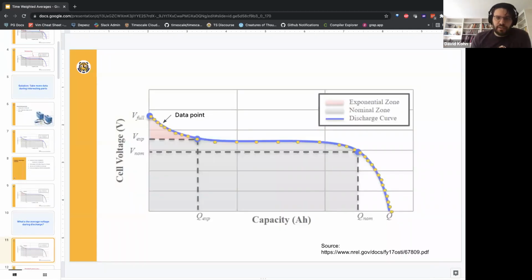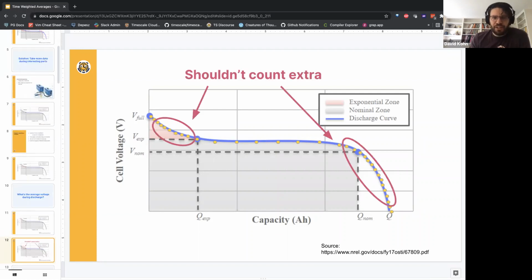So we have these data points, and we have more at the beginning and the end, but just because it's more interesting there, it doesn't mean the data should count more, right? We don't want our sampling rate to affect the outcome of that voltage measurement. And the voltage measurement, by the way, was important because it was one of the higher level things that we could measure about this whole discharge that would then tell us, as we cycled it more times, 10 or 20 or 100 times, we can look at, say, the slope of the voltage, and it's going to be decreasing.